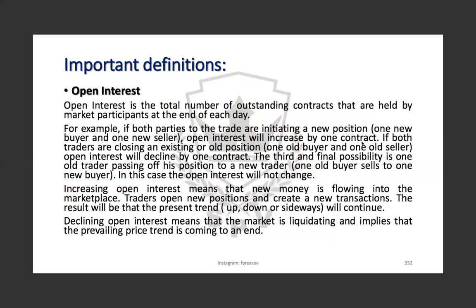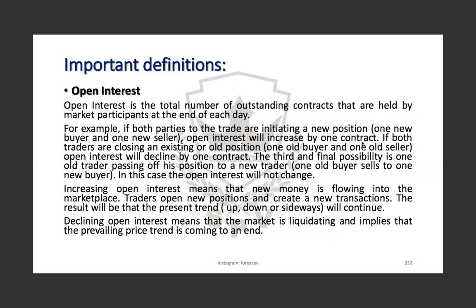And if one old trader is passing off his position to a new trader, then the contract will remain the same, like one old buyer sells to another new buyer. So open interest will not change.